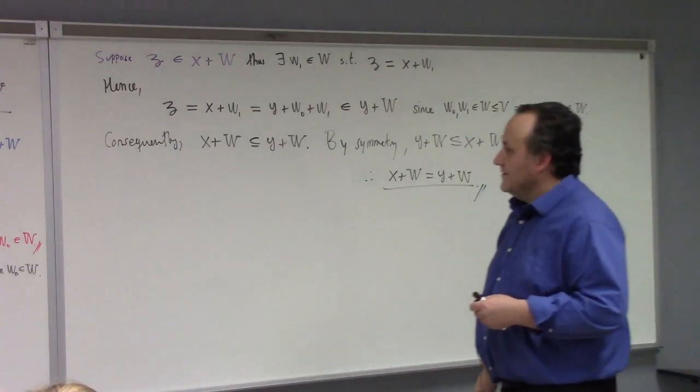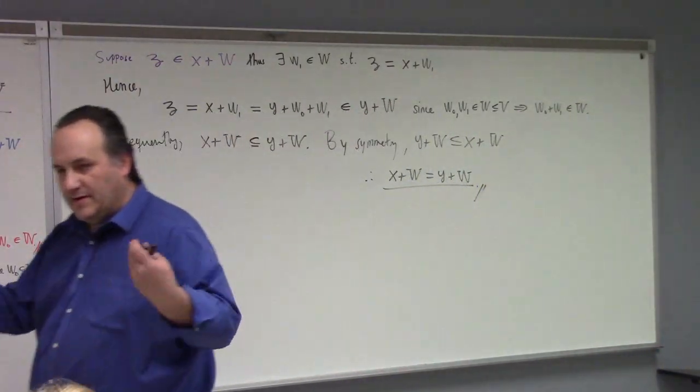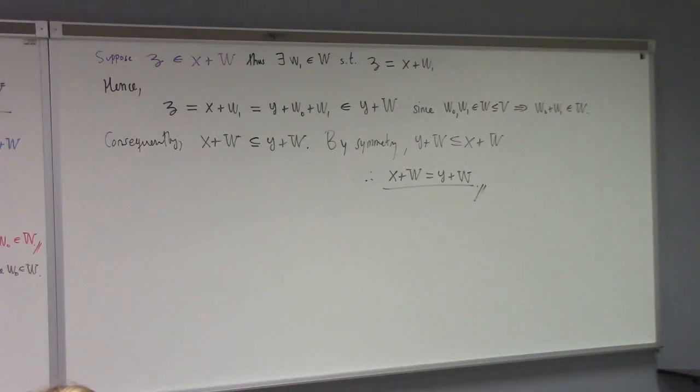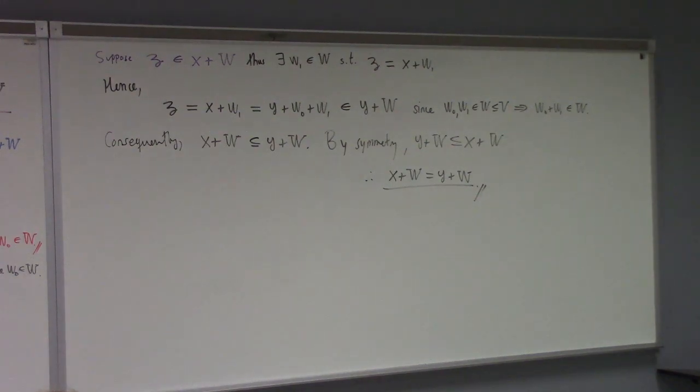We could make the same argument juxtaposing the roles of x and y. We'd have to trade w naught for minus w naught, so you'd have y is equal to x minus w naught instead. But it's clear we could make the same argument, right?